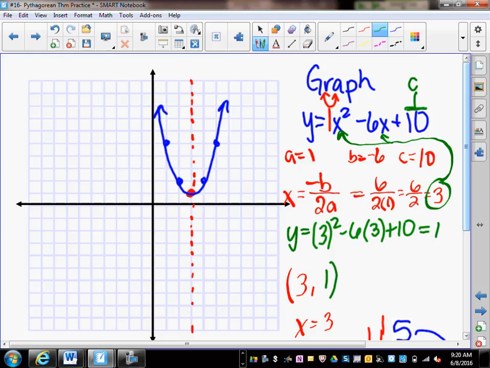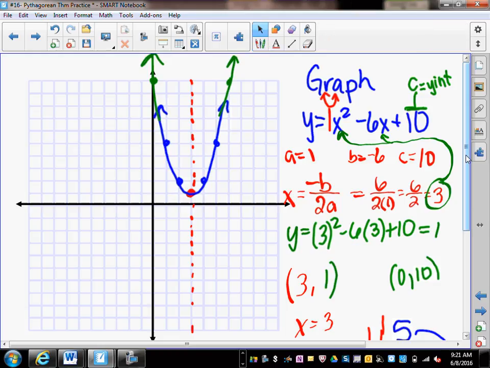If I put 0 in for x, what would my result be? 10, yeah, 10. This actually ends up being your y-intercept. So if I put 0 in, then I get the point (0, 10). And when I graph that, that is my y-intercept. So you actually get another point if you were to continue on. Again, not necessary, but it at least helps you know that you're headed in the right direction. So that ends up being your y-intercept.